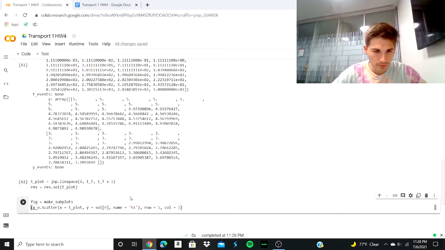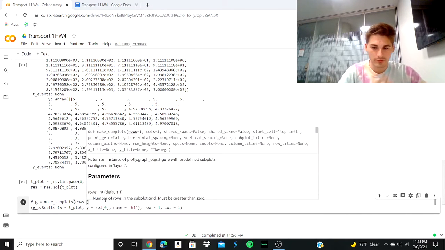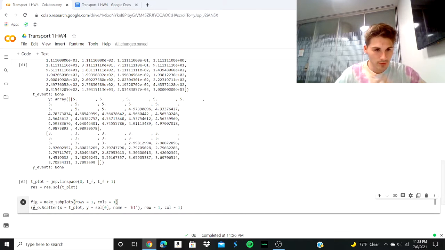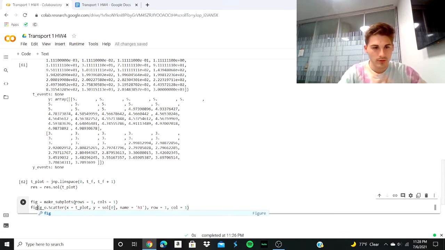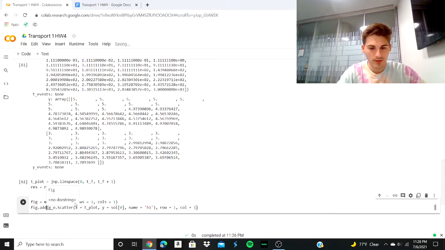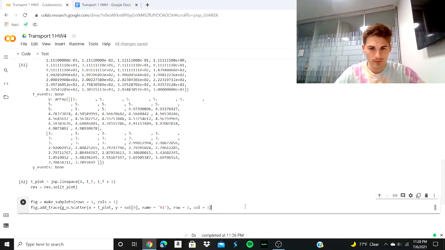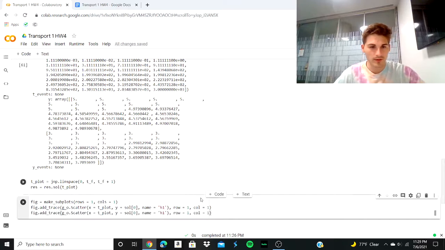Oh, well, this is not correct. So make_subplots, rows 1, columns 1. And then fig.add_trace. And then there we go. So from here we can just add the same thing, except we are calling the second column of this array.